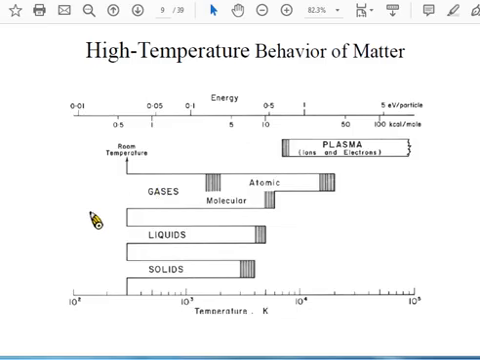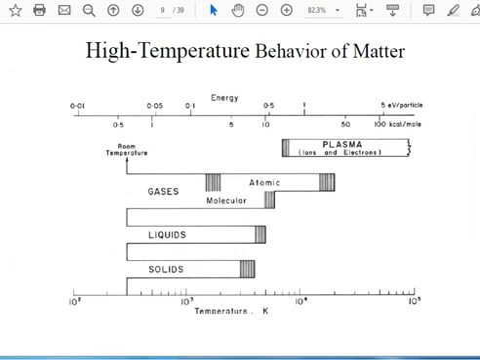But if you heat up the substance to a very, very high temperature, the gas molecules or atoms will further ionize to an ionized state, and this state is called plasma state.